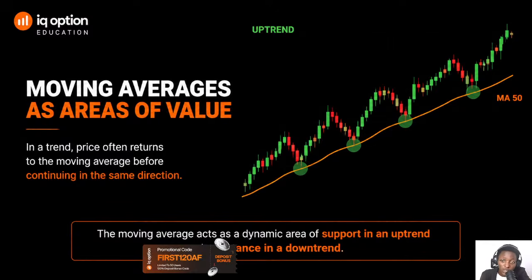Even though the market is going in an upward direction, whenever the price comes down and touches it, you can see around here we have a higher high, and then we have a higher low here, another higher high around here, and a higher low around here. If you move up again, you have a higher high and a higher low. So the market just kept printing higher highs and higher lows, and that's how you identify an uptrend.